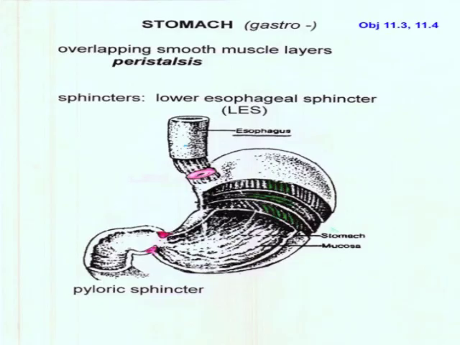Next is the stomach. Our root term is gastro. The stomach begins at the end of the lower esophageal sphincter and continues until the pyloric sphincter. Note, the stomach is also smooth muscle tissue and does conduct peristalsis. The pyloric sphincter, just like the lower esophageal sphincter, prevents food from entering the small intestines too early.